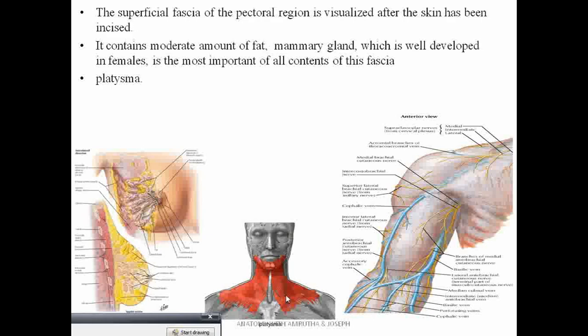Platysma is a broad, thin muscle placed in the superficial fascia, which is attached to the skin of the pectoral region and goes up to the mandible, up to the angle of the mouth.